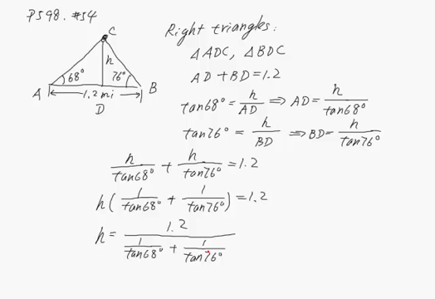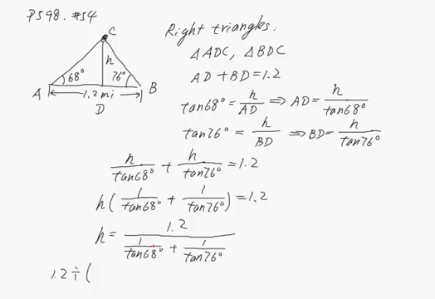Now let me show you how to punch all these numbers in the calculator to find the answer. You may first punch in the 1.2, then divide, then left parenthesis. Here the denominator has more than one term, so you must use a pair of parentheses to enclose the whole thing.